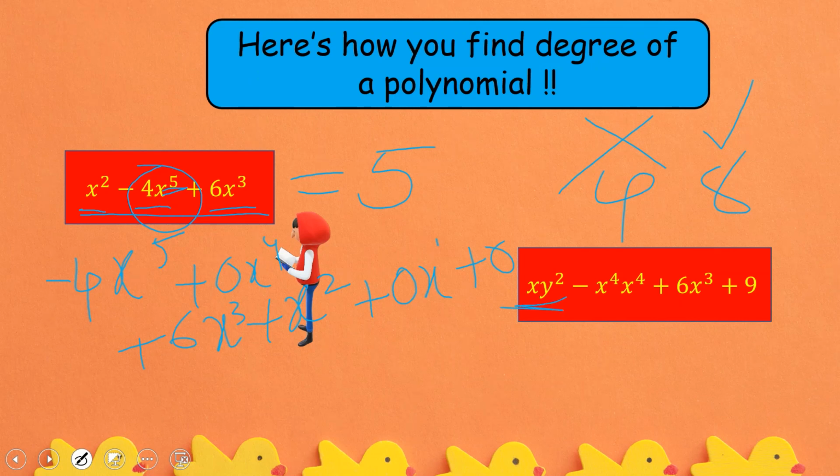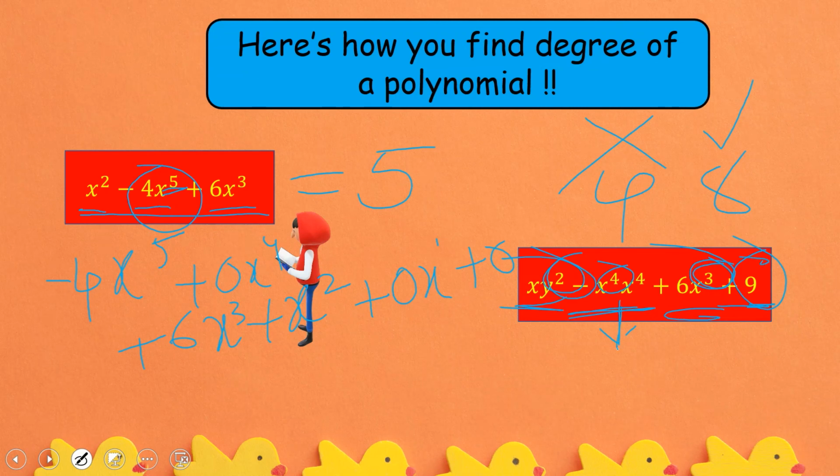See, this is one term with degree 2. This is one term, this is the second term, and this is the final term. When you look at this, 2 is not the highest because 3 is there. Again, 3 is not the highest because we have 4 over here, and 9 is obviously a constant, so it doesn't have any degree. It is degree 0.